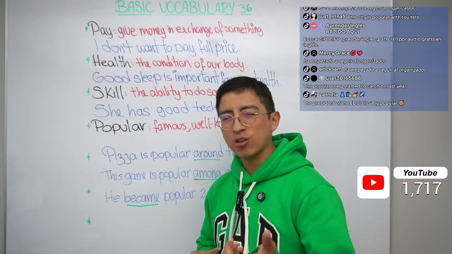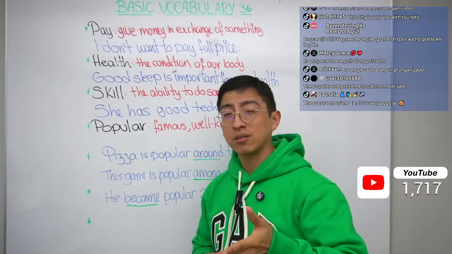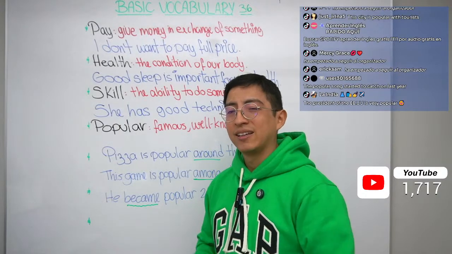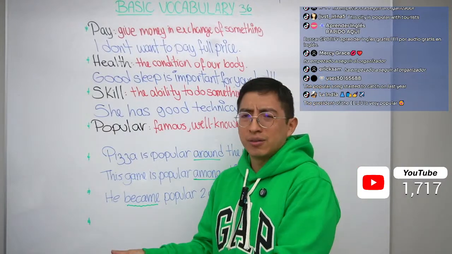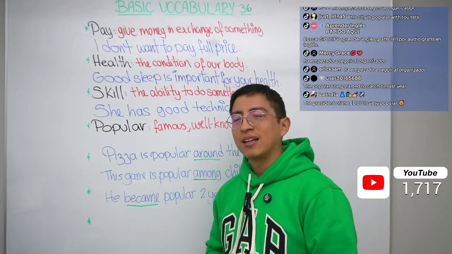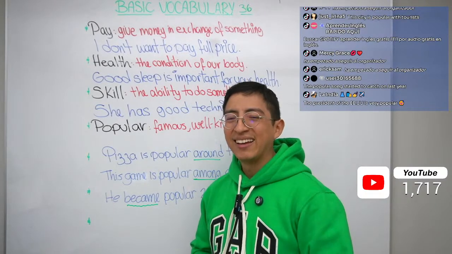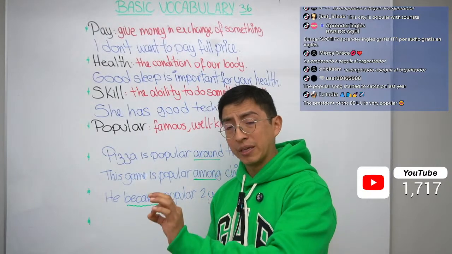There were some TikTokers, like this one, I don't remember his name, this guy that always did this. He used to do this all the time, like, oh, this is obvious, or this is the solution. So he became popular during the pandemic, right?